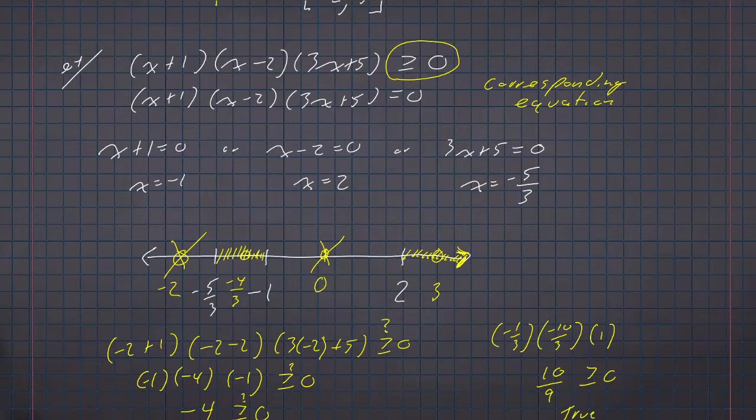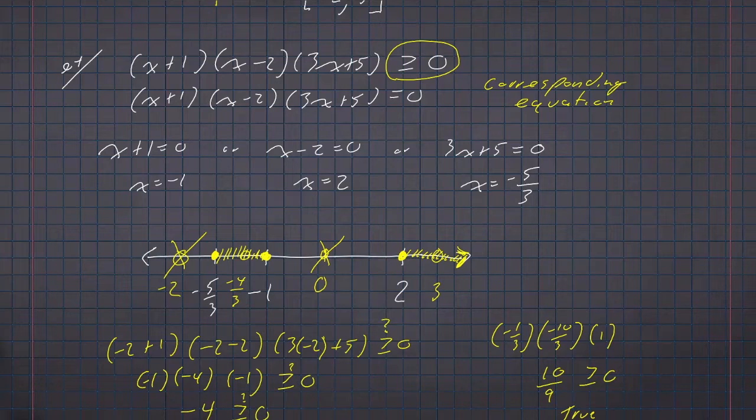We can go ahead and mark in that we want to include those 3 points in our number line. If we had an inequality that was strictly greater than 0 or was strictly less than 0, we would not want to include those 3 points. We'll see that in the next example.